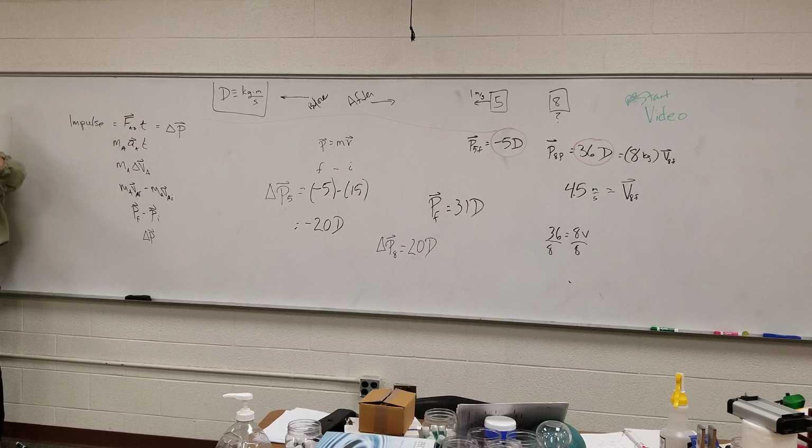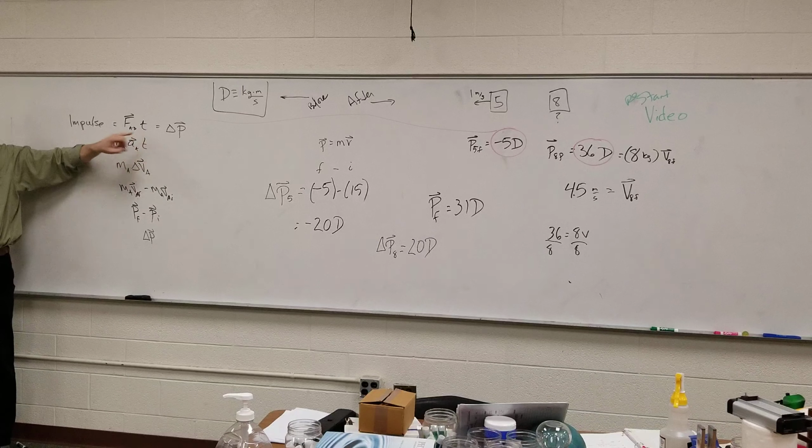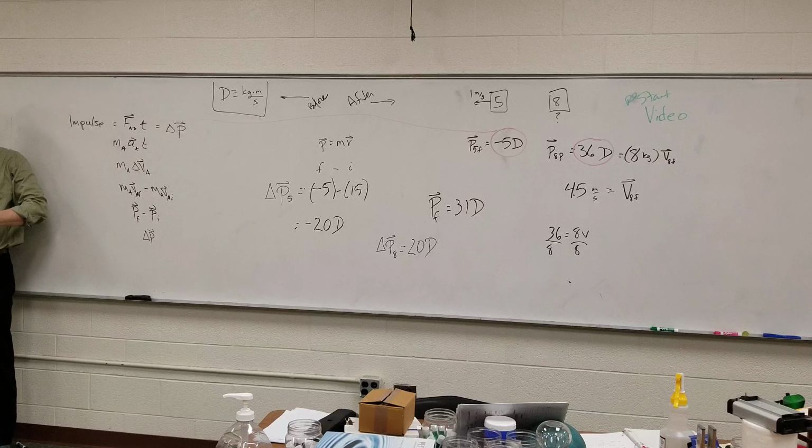So when you hit the dashboard or windshield or whatever hard surface that is, the time it takes to stop is very short. Your change of momentum is going to be the same. You're cruising along at 60 miles per hour. My mass is 100 kilograms, so whatever yours is compared to that. So 100 kilograms going from, 60 miles per hour is just under 30 meters per second. We'll just round it off, 30 meters per second, 100 kilograms.